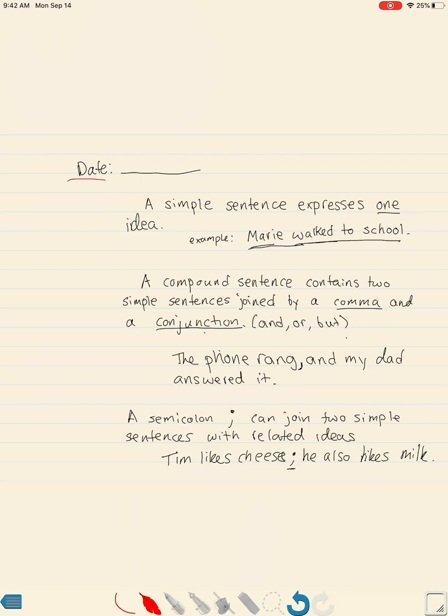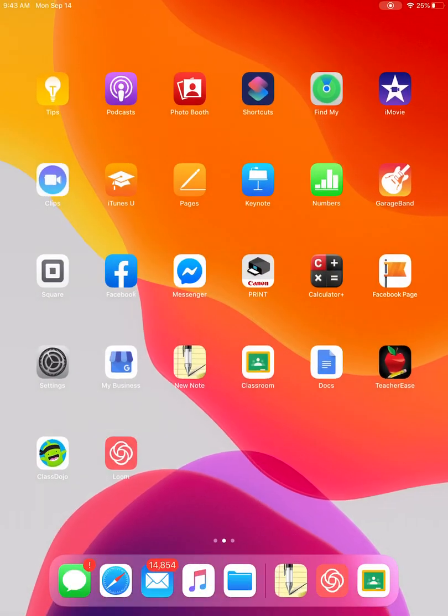It says a simple sentence expresses one idea. An example of that is Marie walked to school. It's just one idea. You've got your subject and what they did. Pause if you need more time to write that out. Otherwise, we are going to continue on.